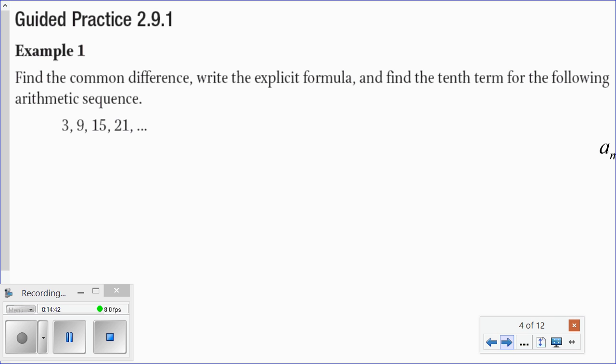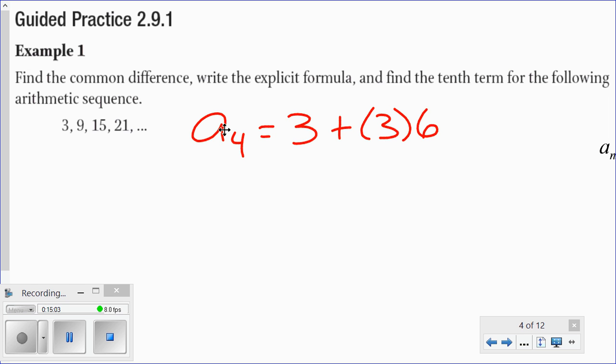So this is the exact same problem. Don't worry. Just wanted to have a clean slate. So in this case, if we look back at one of those scenarios that we had, we had a sub 4 is equal to 3 plus 3 times 6, right? 1 less.